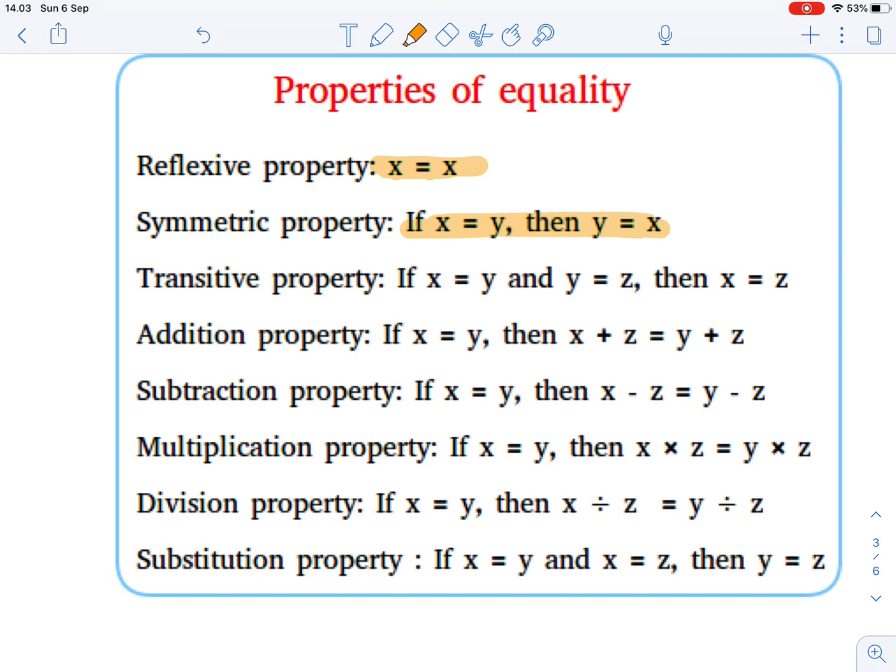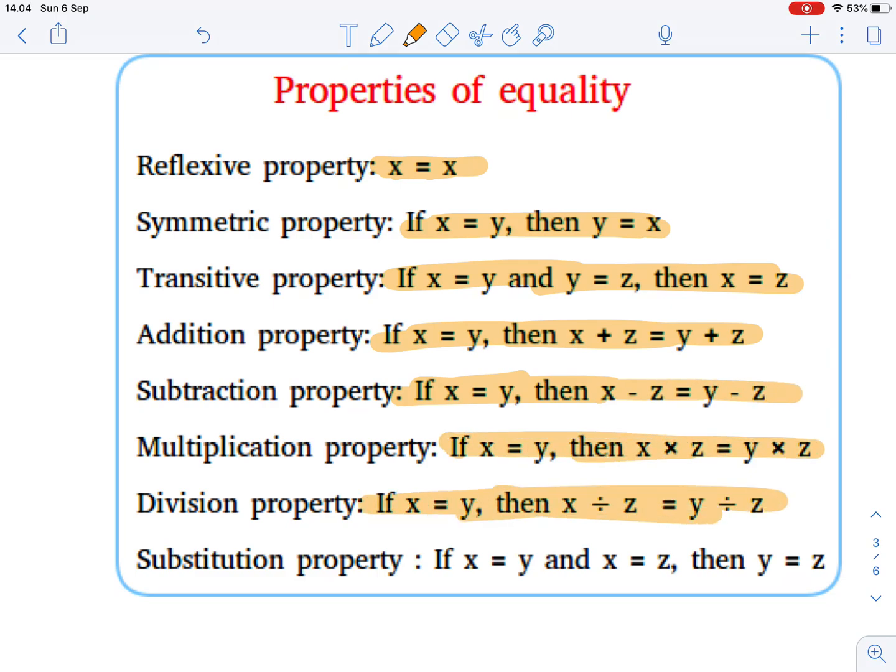Just take a moment and check all of these properties. Pause the video, write them down. Again, these are properties that you basically already know, and the properties that you've used to solve equations so far, but these are just formally written down.